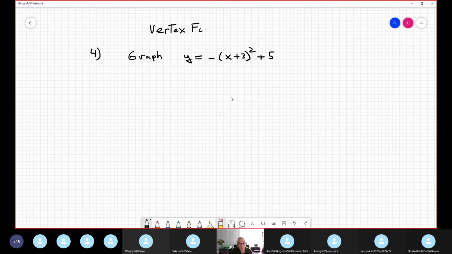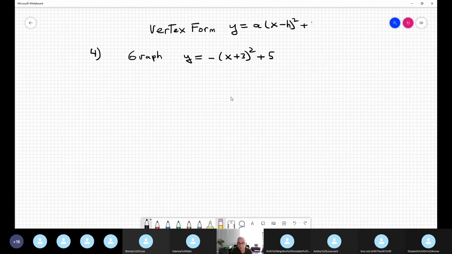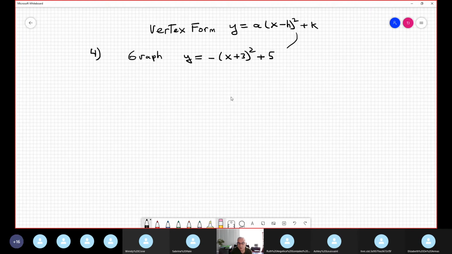I need to remember that in vertex form, the equation for the parabola is a(x minus h) squared plus k. And we compare this equation and this equation. I can see clearly that a is -1. Look, this a is this -1.